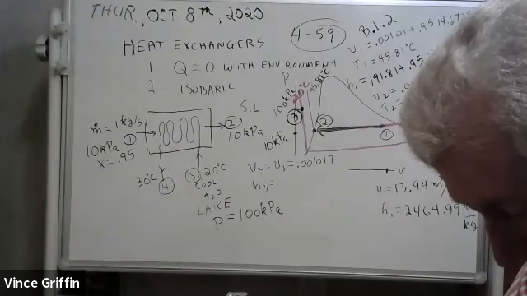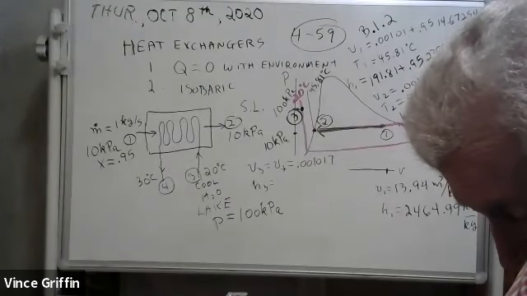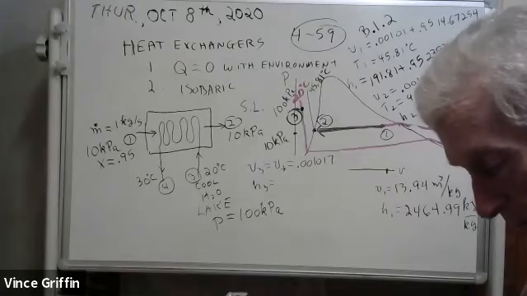Table B12. At 20 degrees Celsius, I'm getting 0.001017. Wait. Okay. That's because you're at 20 kPa. Oh, no, I see my problem. Bryce, I was wrong.